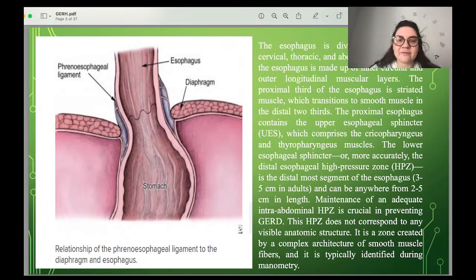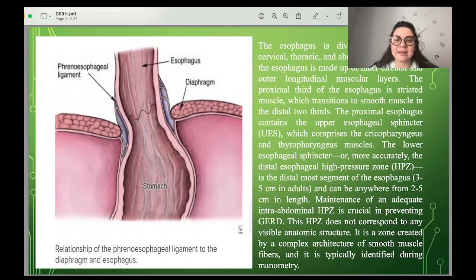The proximal esophagus contains the upper esophageal sphincter, which comprises the cricopharyngeus and thyropharyngeus muscles. The lower esophageal sphincter, or more accurately the distal esophageal high pressure zone, is the distal-most segment of the esophagus. It is nearly 3-5 centimeters in adults and can be anywhere from 2 to 5 centimeters in length. It is, as I told you, the place of passing through the diaphragm.